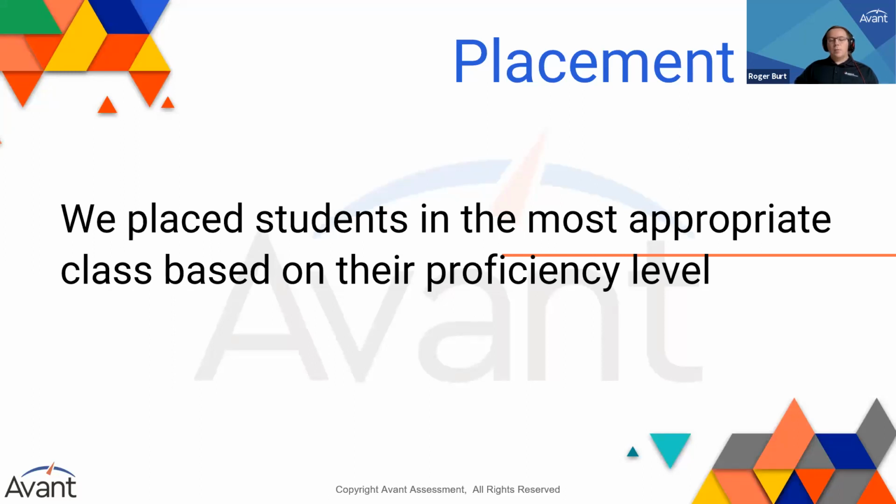So I mentioned how we did that at our school level with all of our feeder school data. We did the same thing. We'd go in the summer, see the list of everyone who had registered for a language class, take a look at their data, and then assign them into classes.